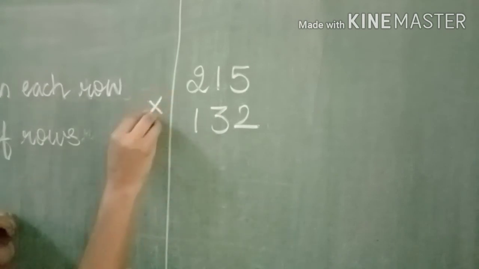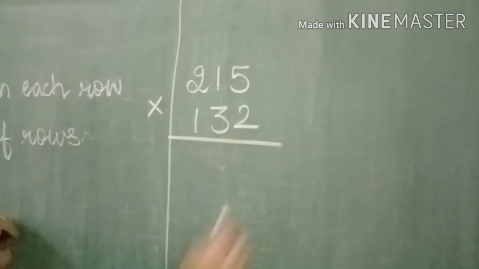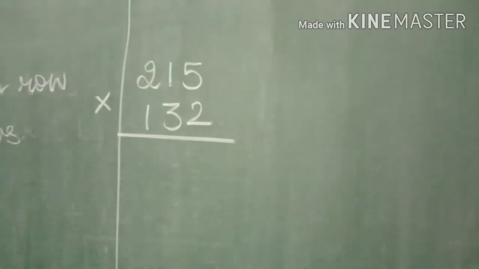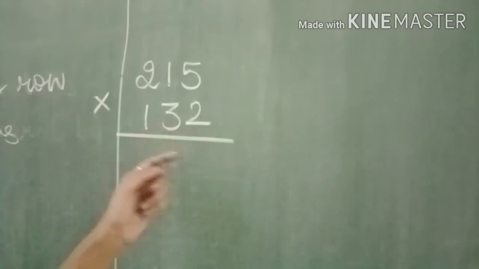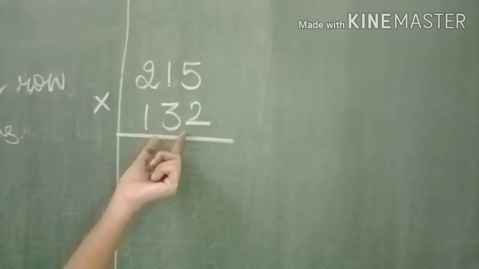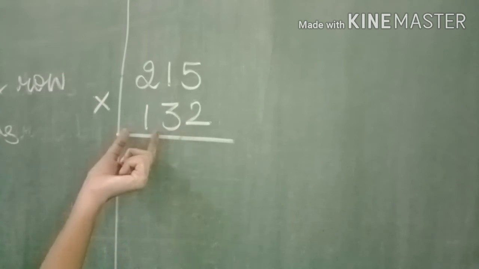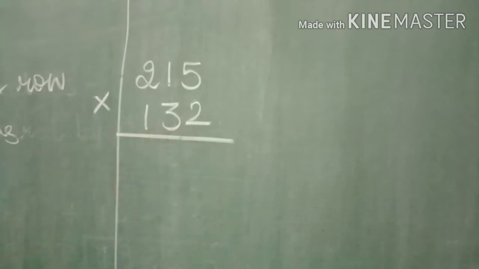We have to multiply. As you can see very clearly, students, there is a 3-digit number up and a 3-digit number down. So first we are going to do the calculation with 2, which is standing in the units place. Then with 3, which is in the tens place. Then with 1, which is in the hundreds place.